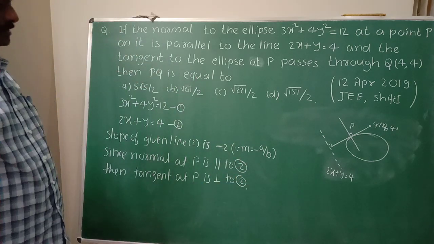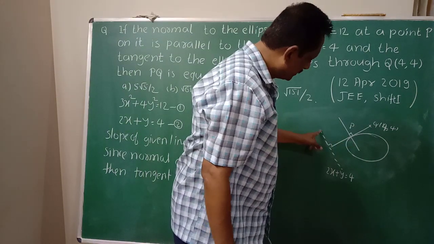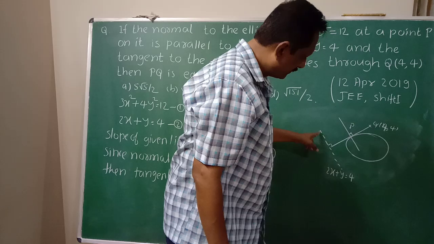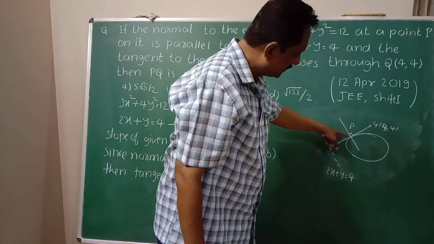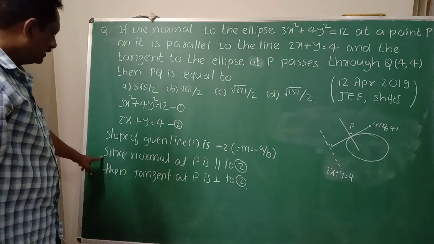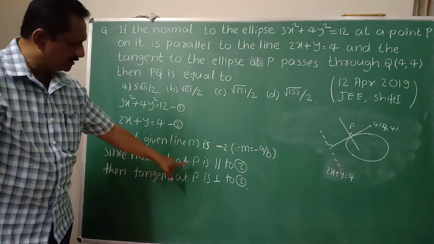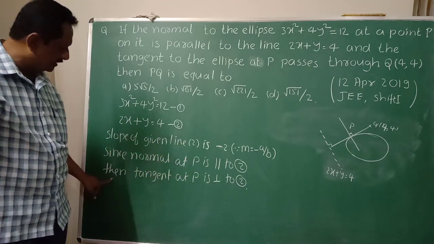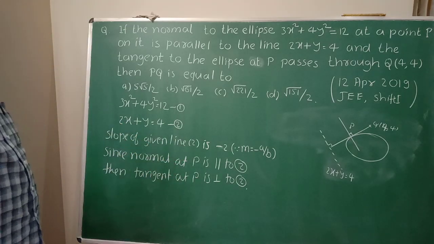Okay, because this is the normal, the normal is parallel, then the tangent at the point P is perpendicular to this line here. Therefore, since the normal at P is parallel to the line, the tangent at the point P is perpendicular to the line.